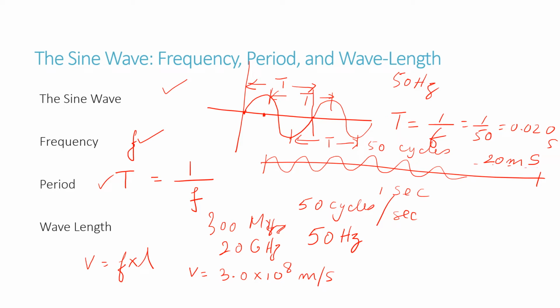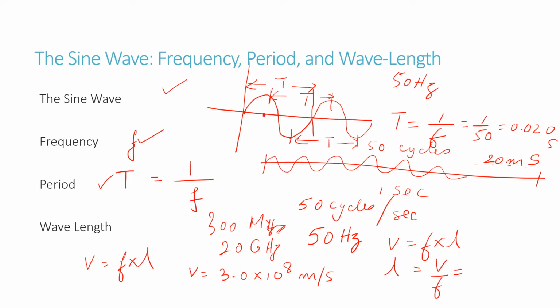So if you had to calculate the wavelength of 50 hertz, since velocity is equal to frequency times wavelength, wavelength will be equal to velocity divided by frequency.